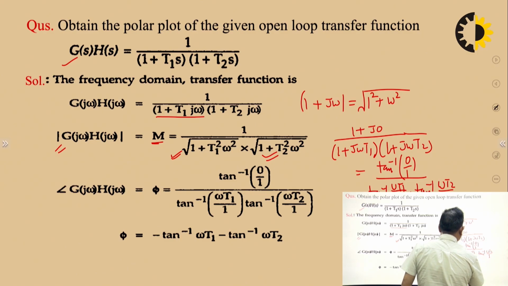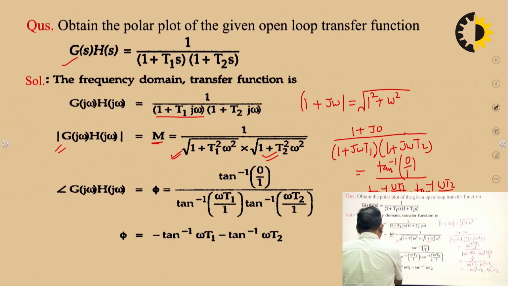This comes out to be tan inverse 0, which is 0, minus tan inverse ωT1 and minus tan inverse ωT2. So this comes out to be minus tan inverse ωT1 minus tan inverse ωT2. So this is our phase angle.